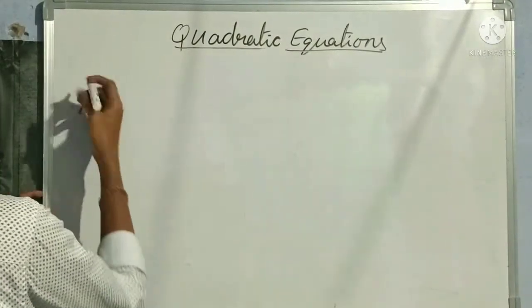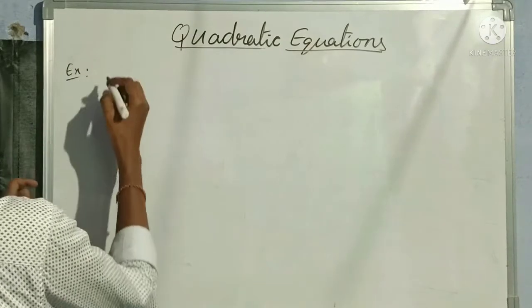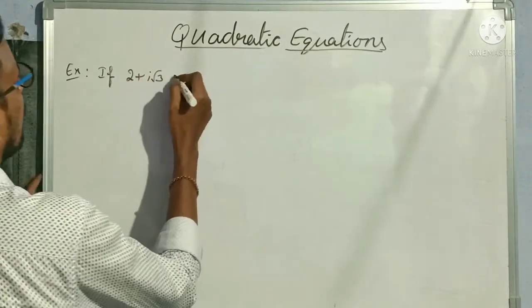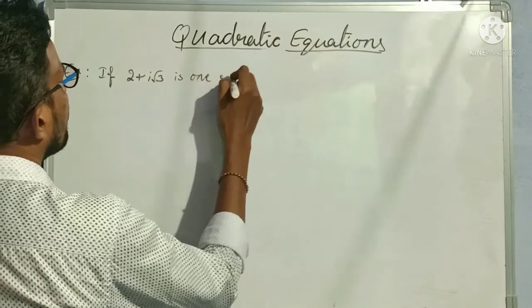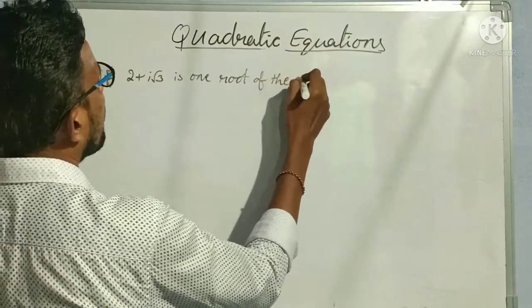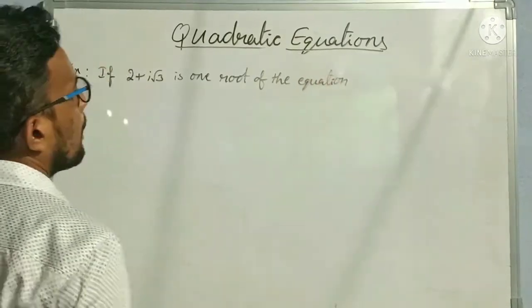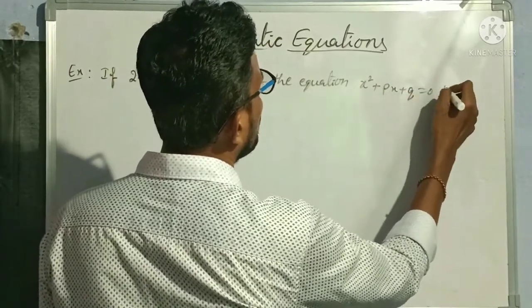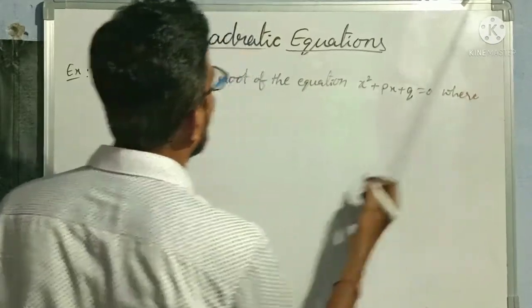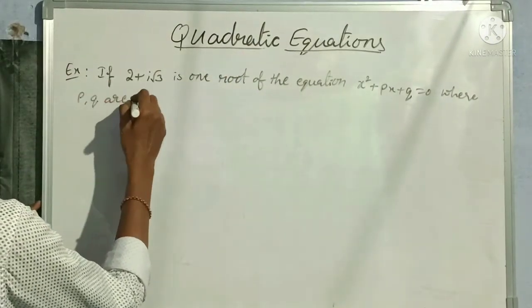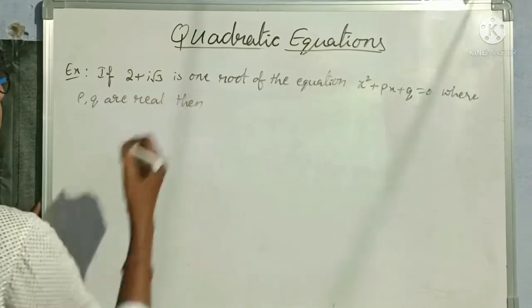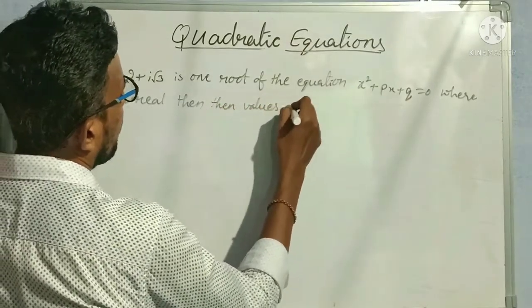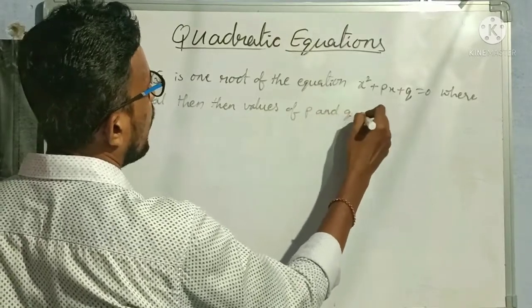So example: if 2 plus i root 3 is one root of the equation x square plus px plus q is equal to 0, where p comma q are real, then the values of p and q are dash.